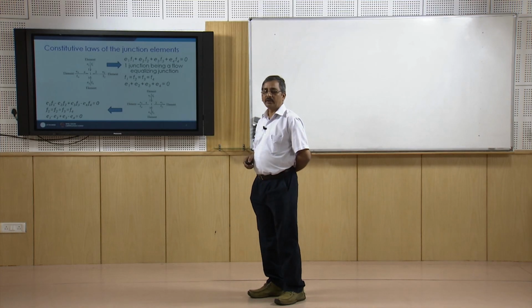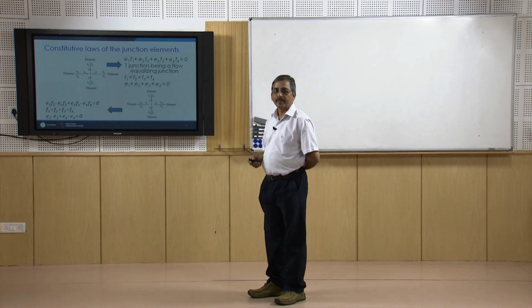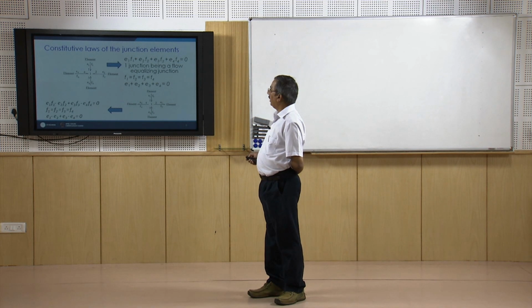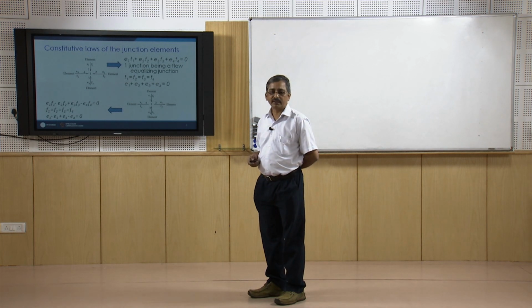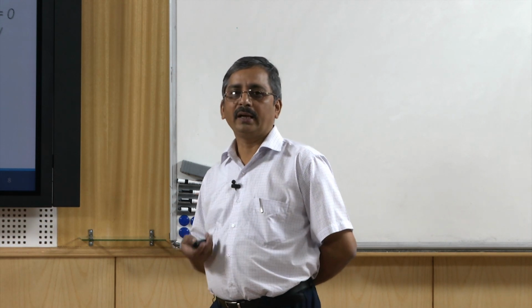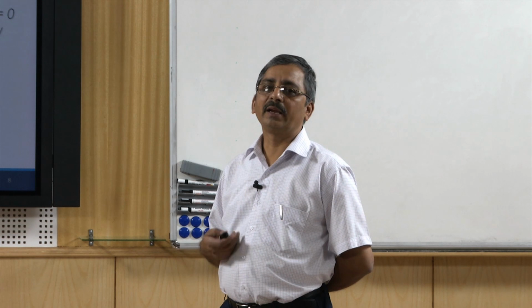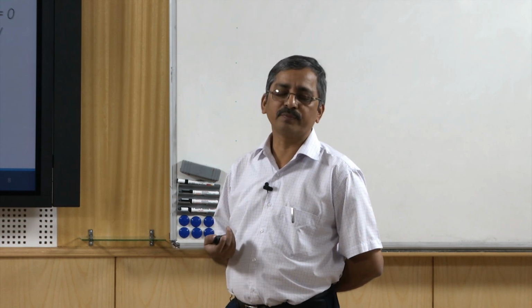Now, let us look at the constitutive laws of the junction elements. As I have been telling you, in one junction we are going to have the same flows through all the elements. So, naturally the efforts are going to be summed up, and how they are summed depends on the direction of the power bonds.